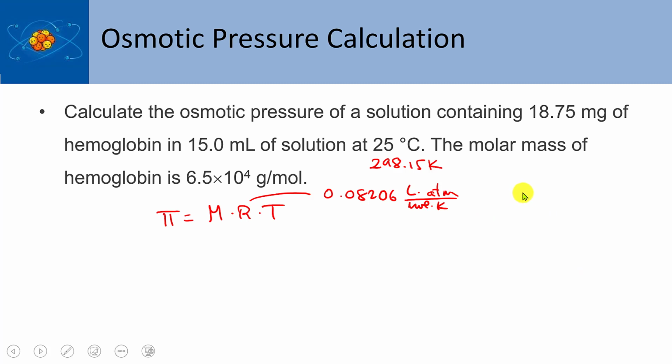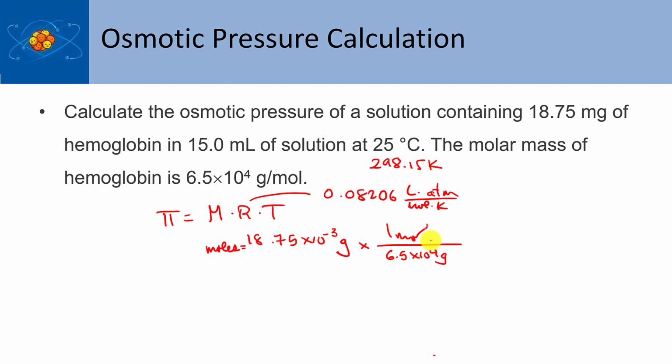To get moles, I have 18.75 times 10 to the minus third grams. That's substituting the definition of a milligram, and then I know it's 6.5 times 10 to the fourth grams for every 1 mole. That gives me 2.88 times 10 to the minus 7 moles.